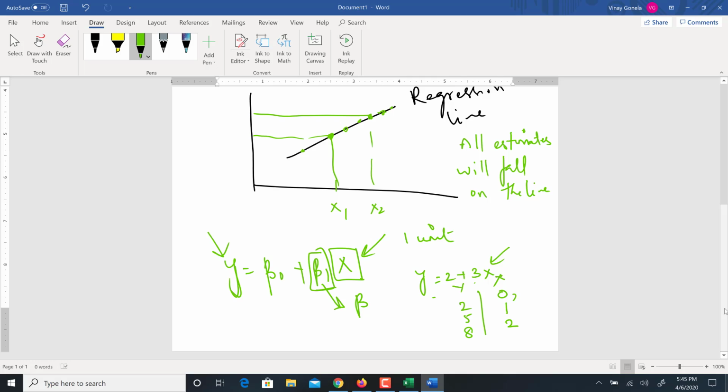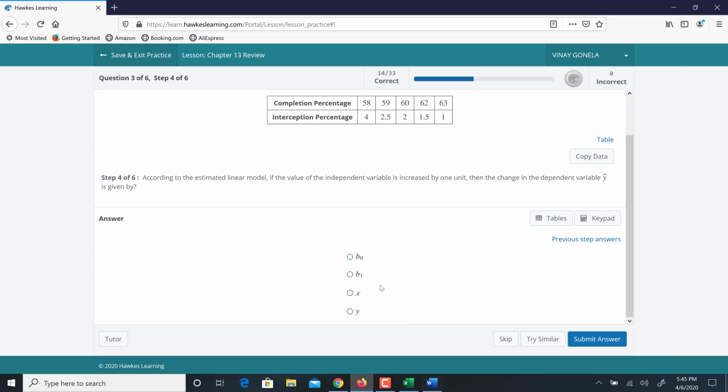So if you see, for every 1 unit increase, y is increasing by 3 units. So that is what the slope is. So every time they ask you what would happen if I increase x by 1 unit, y will increase by the slope, which is beta 1. So in this I can say it increases by beta 1.